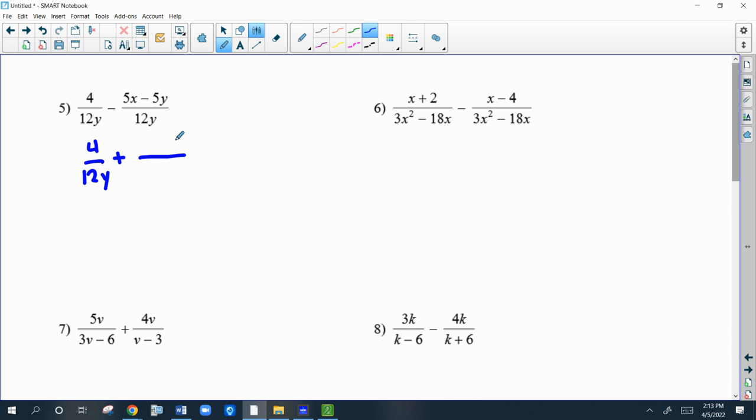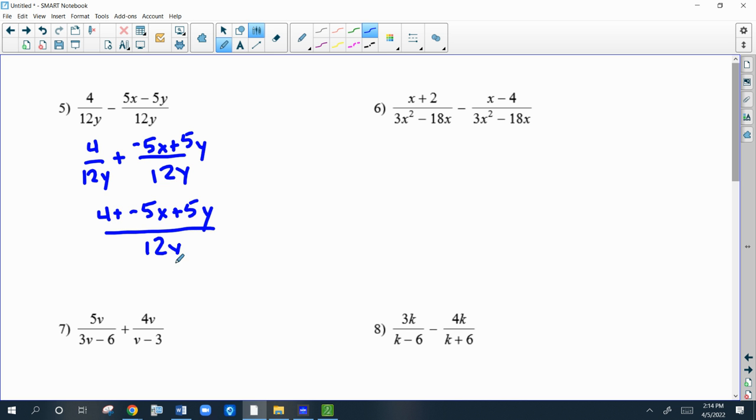When you do that, remember that negative applies to everything up top here. So distribute it. Negative 5x plus 5y. Now, because they already have common denominators, I can just go 4x plus negative 5x, plus 5y, and that's all over 12y.